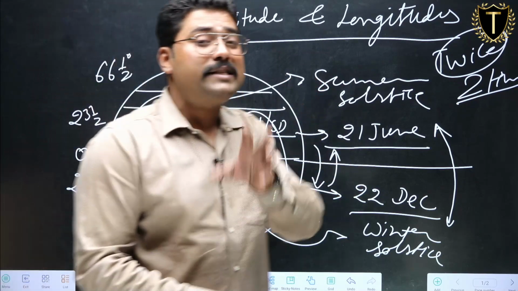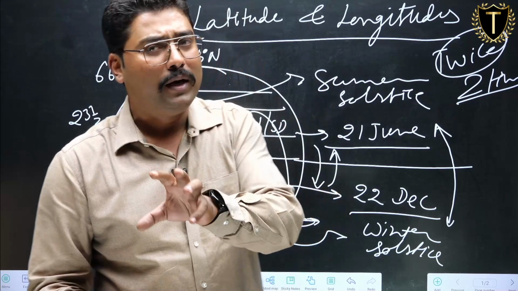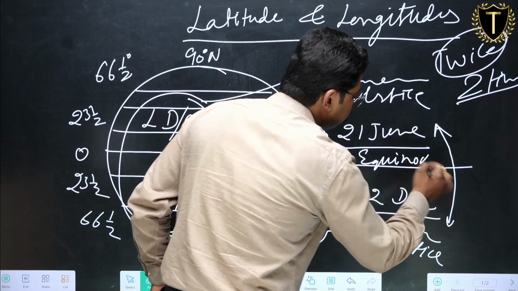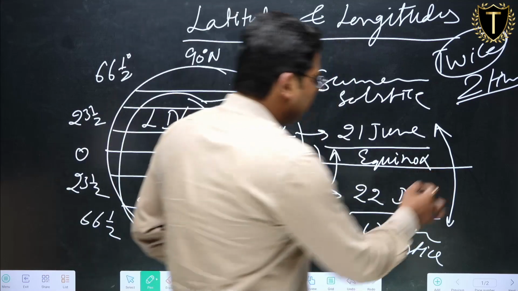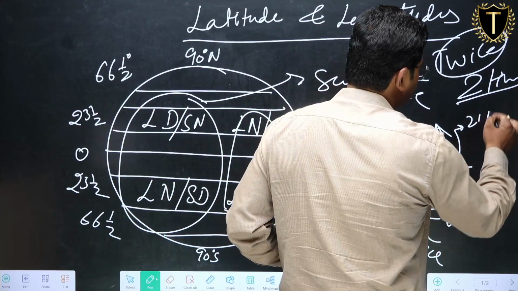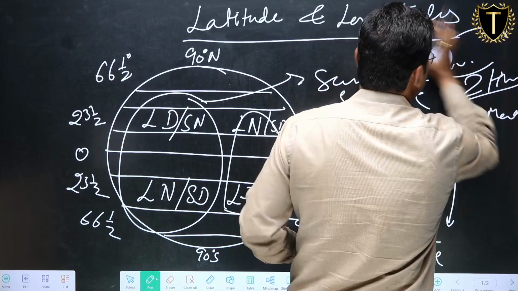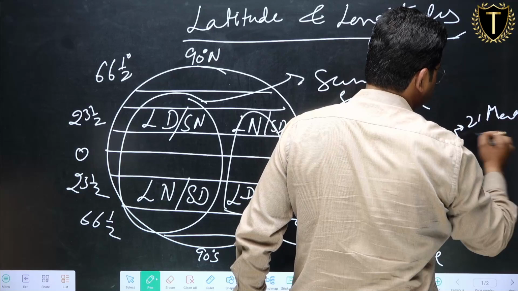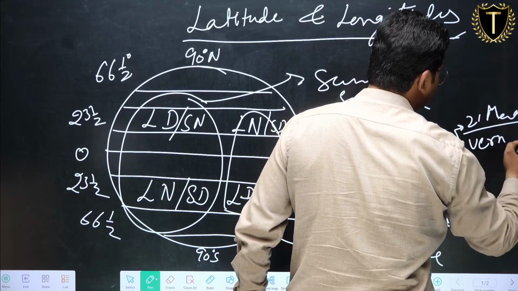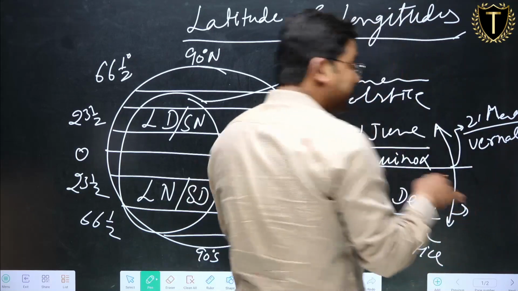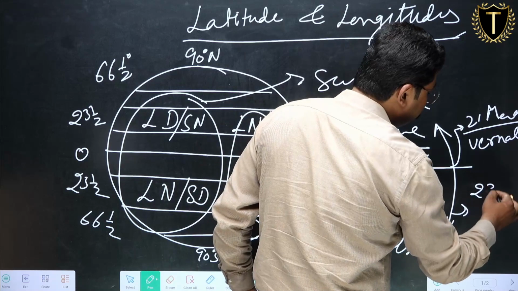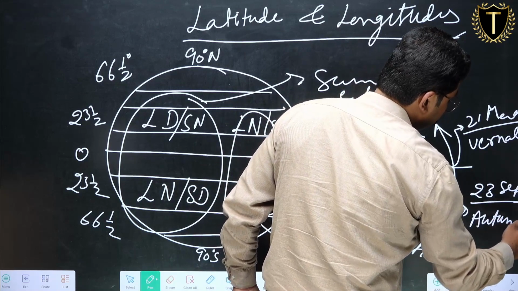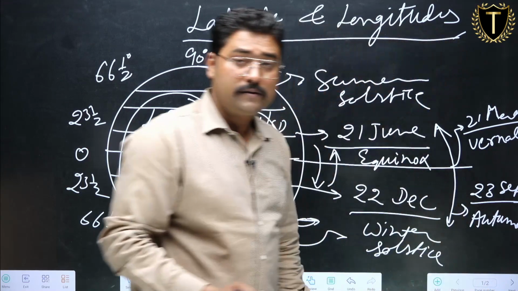Means on 2 days the sun will be vertical over the equator, and this is considered as equinox. One is on 21st March, which is considered as vernal equinox, and the second one is 23rd September, which is considered as autumnal equinox.